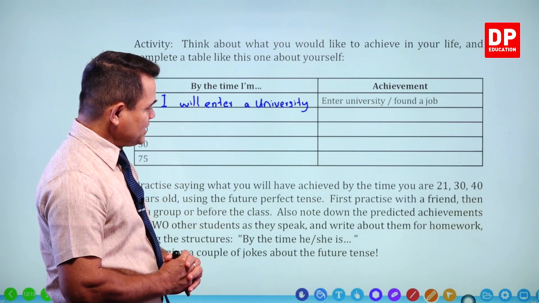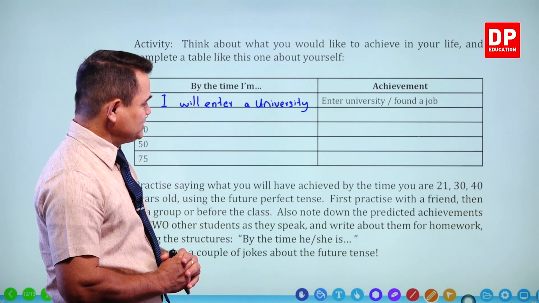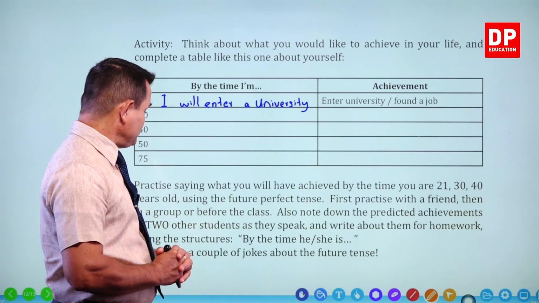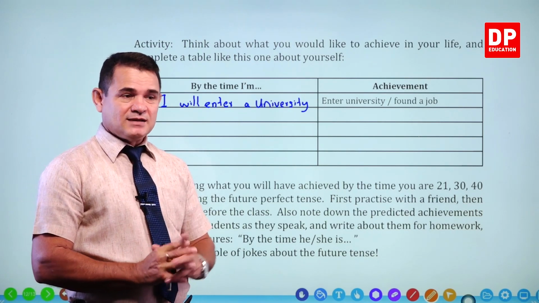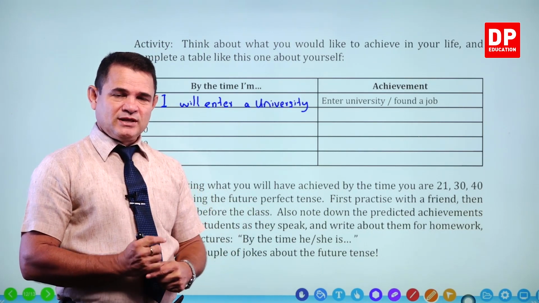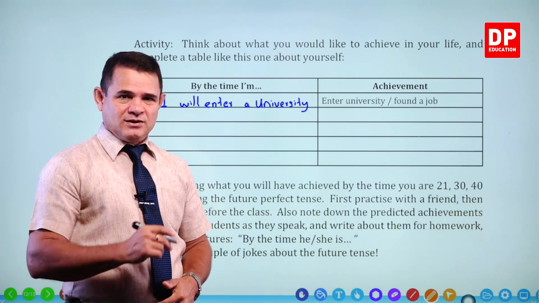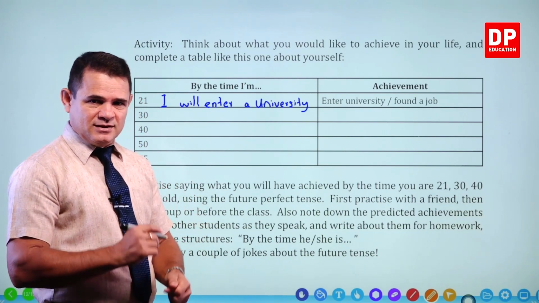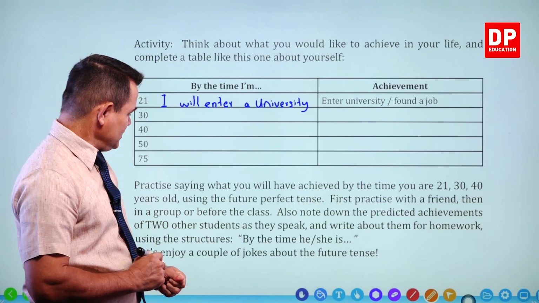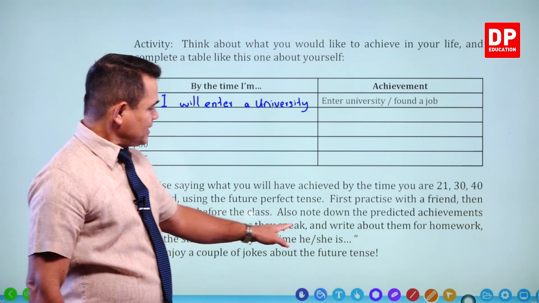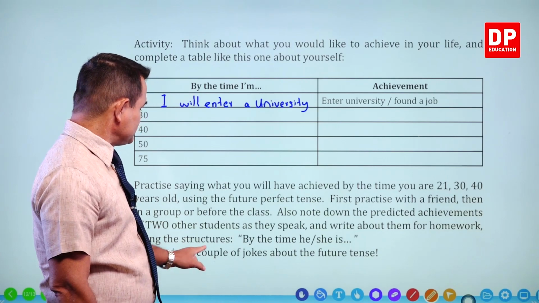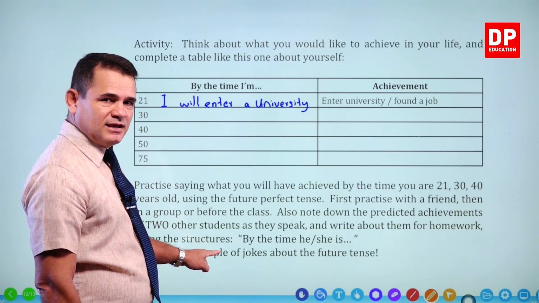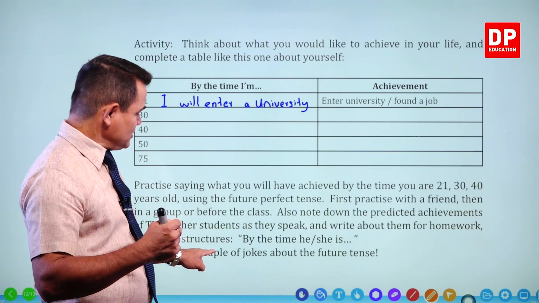Also note down the predicted achievements of two other students as they speak. As they speak, යාළුවෝ කතා කරනකොට ඒගොල්ලන්ගේ predictions, ඒගොල්ලන්ගේ බලාපොරොත්තු වෙන දේවල් note down, ලියා ගන්න. And write about them for homework using the structures. ඊට පස්සේ ඒගොල්ලෝ ගැන ලියන්න ඕනේ.